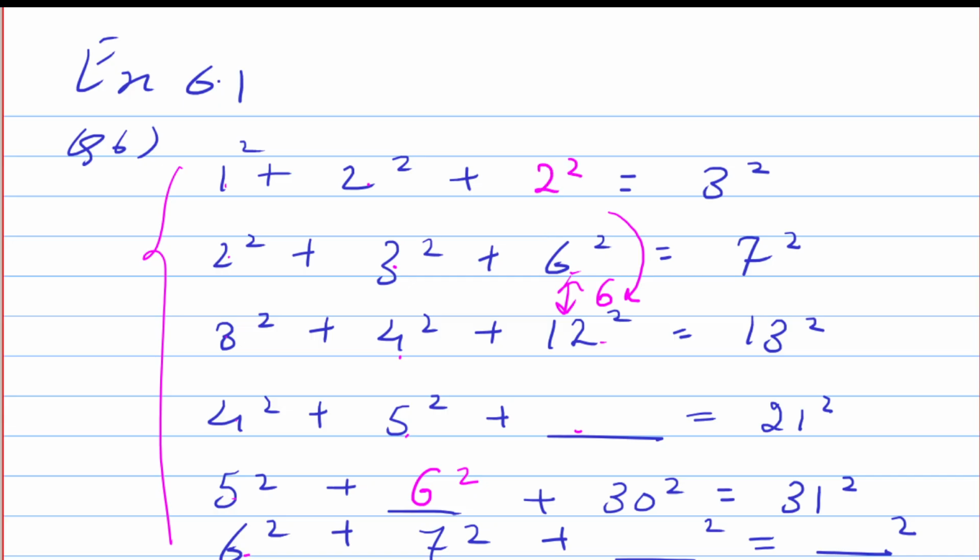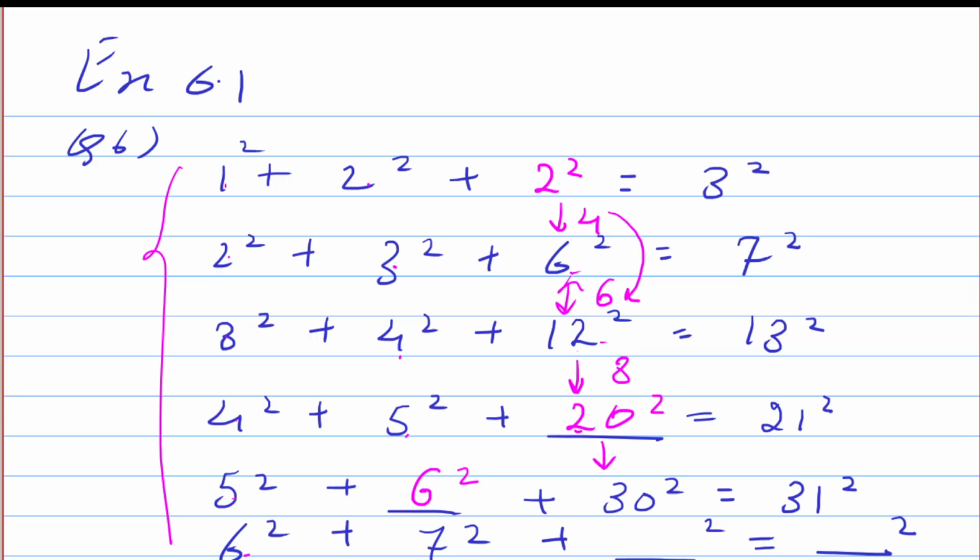This is 2 square. Okay. So 4, 2, and the difference between 2 and 6 is 4. 6 and 12 is 6. So clearly, I will have to find a number which I get after I add 8 to 12. 12 and 8 is 20. So that's 20 square.